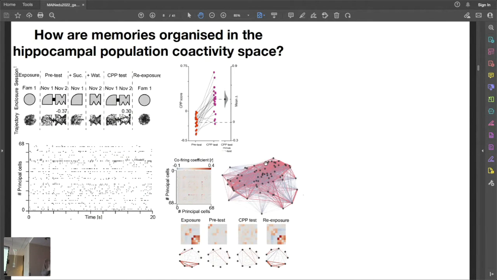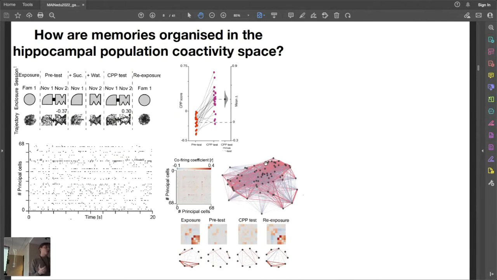Now, to characterize the topology of this co-firing activity, I take three simple measures from graph theory. The first is the co-firing strength, which simply summarizes how strongly a neuron is coactive with all its peers in the network.